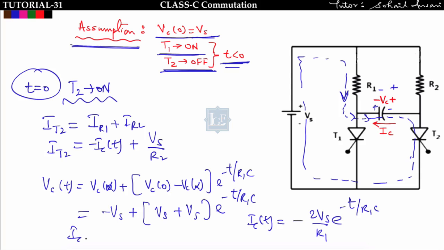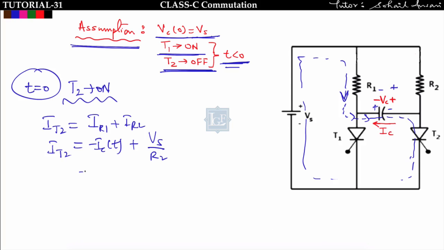Differentiate this Vc(t): Ic(t) is equal to C dVc(t)/dt. You will get Ic(t) this much. Same procedure as in mode 1, only the difference is the voltage assumption across the capacitor is opposite to mode 1, as well as the current flowing in the capacitor is opposite to mode 1.